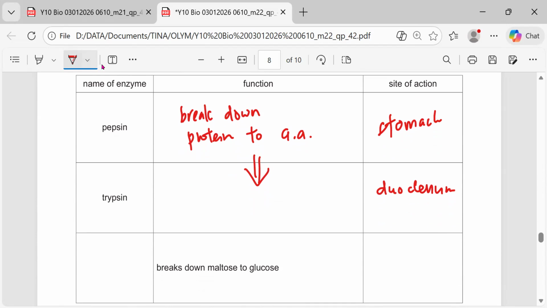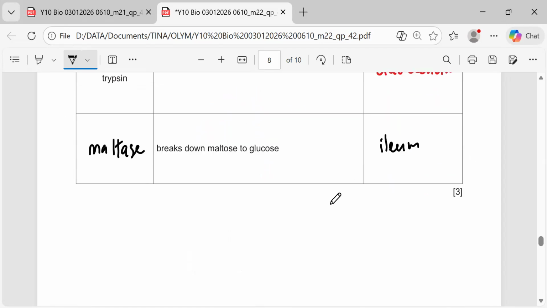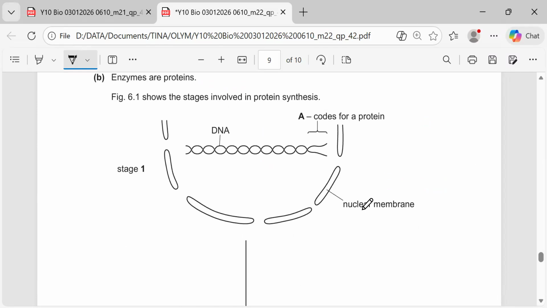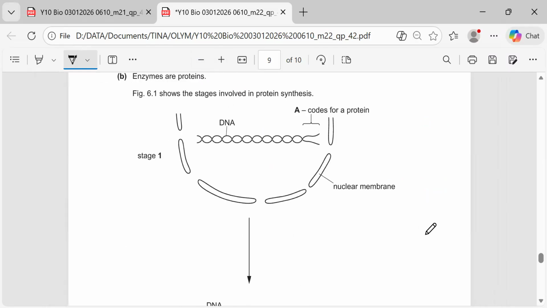It's a little bit like primary school writing because you're not year 7 anymore. Okay, maltase: site of action is ileum, because small intestines is both these places. Get it? Okay. All right. Is that all?